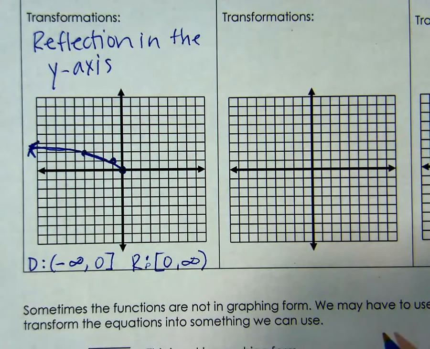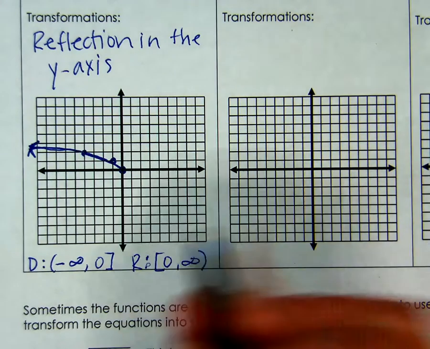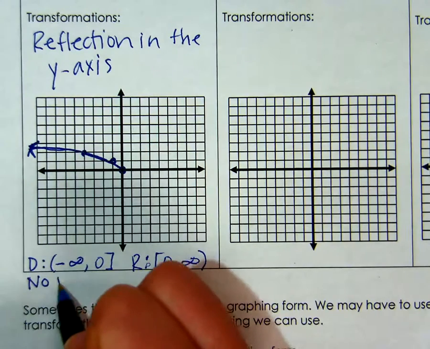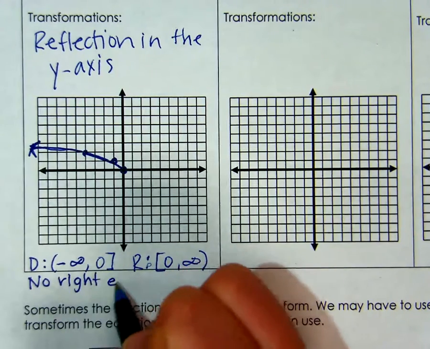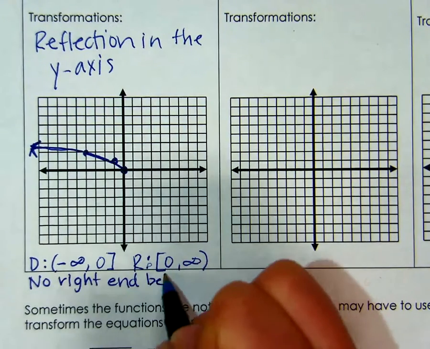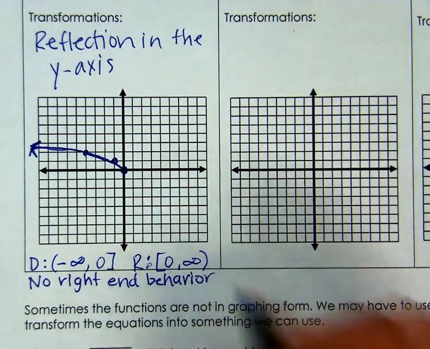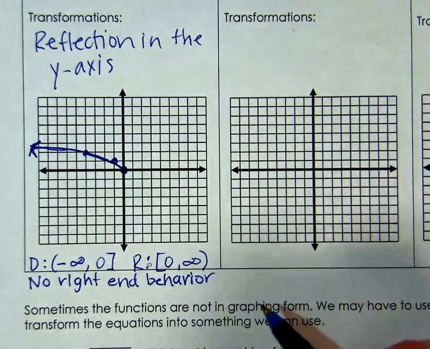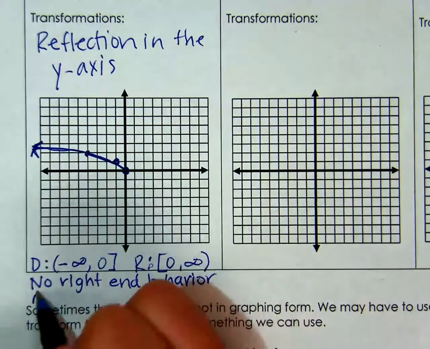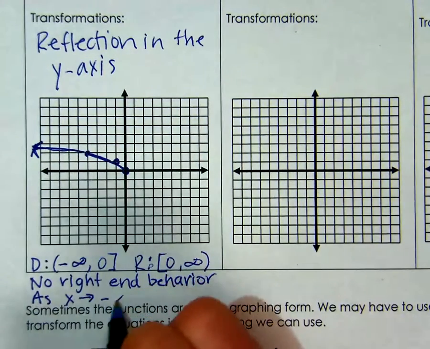There is no right end behavior since it stops on the right. So as x approaches negative infinity, y is approaching infinity.